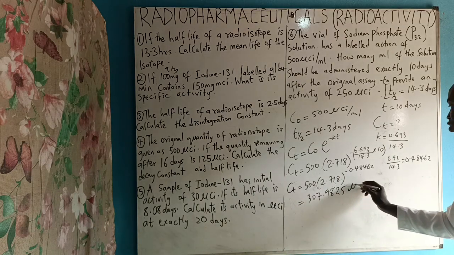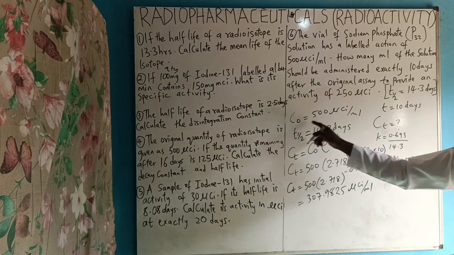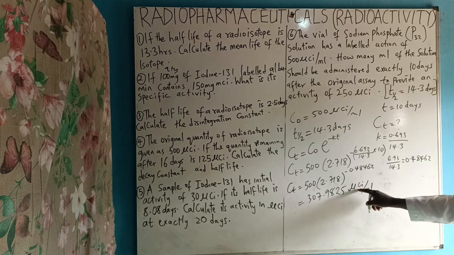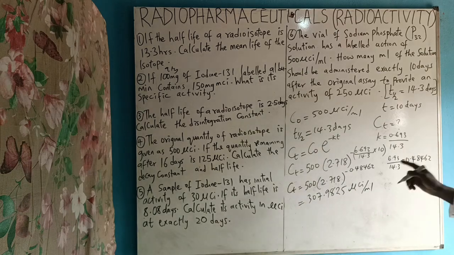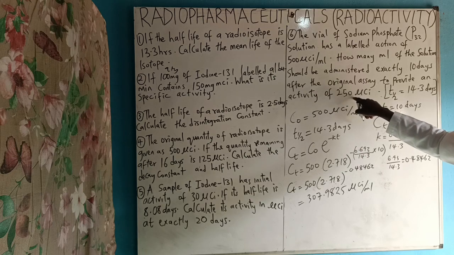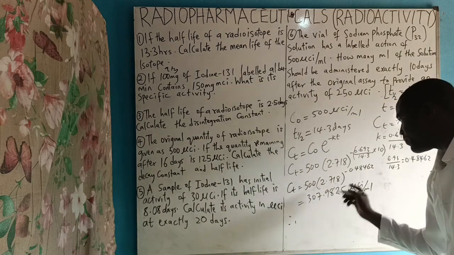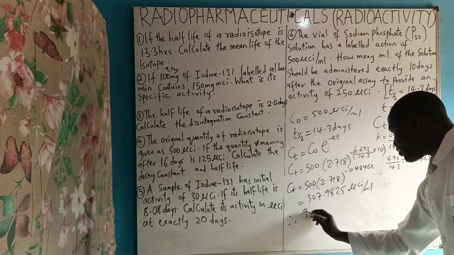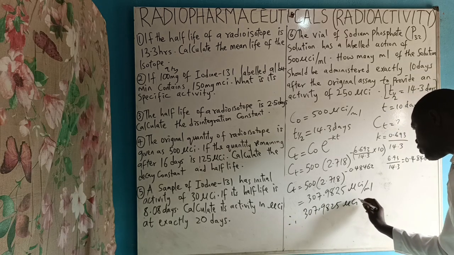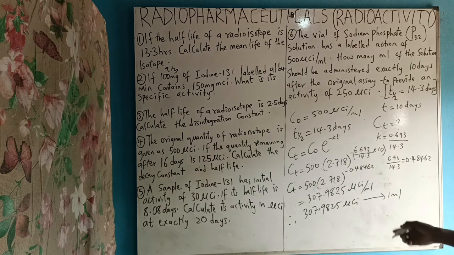307.98 microcurie per ml. Since the initial concentration is in microcurie per ml, the final concentration will be in microcurie per ml. Now we are looking for how many ml we need to get to this activity. Therefore, this means 307.9825 microcurie is in 1 ml. That is what it means.